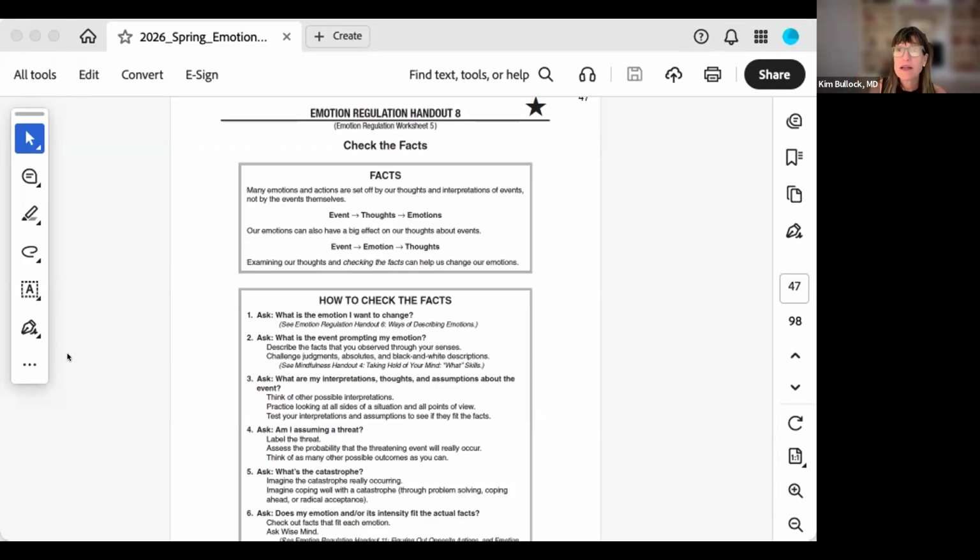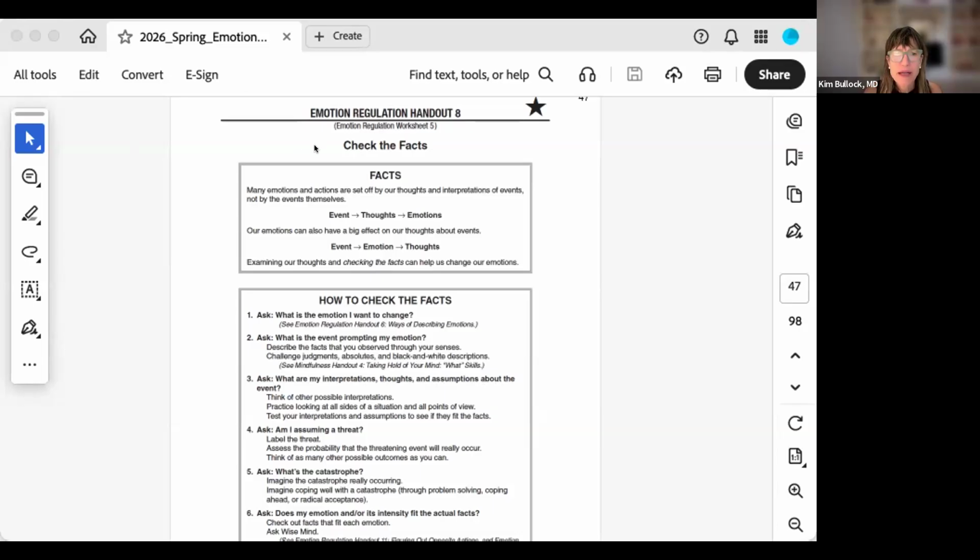That means without awareness. And it can be important to really search for the threat that we're associating with the prompting event. And this can be particularly important when we're checking all the facts and still are having intense emotions. This is a clue that our current emotions may be a secondary emotion, that it may be very important to figure out what that threat is that we're reacting to.